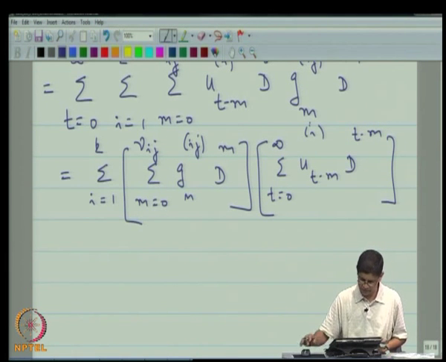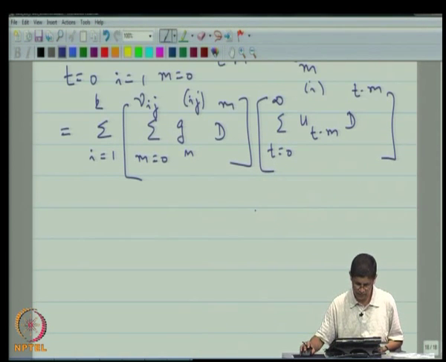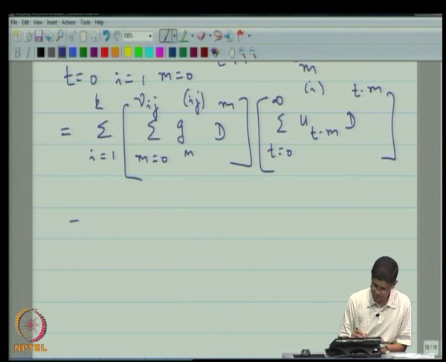So, just by rearranging terms, this is what you get, and these are fairly standard manipulations, and so that gives you the sum i is equal to 1 to k.